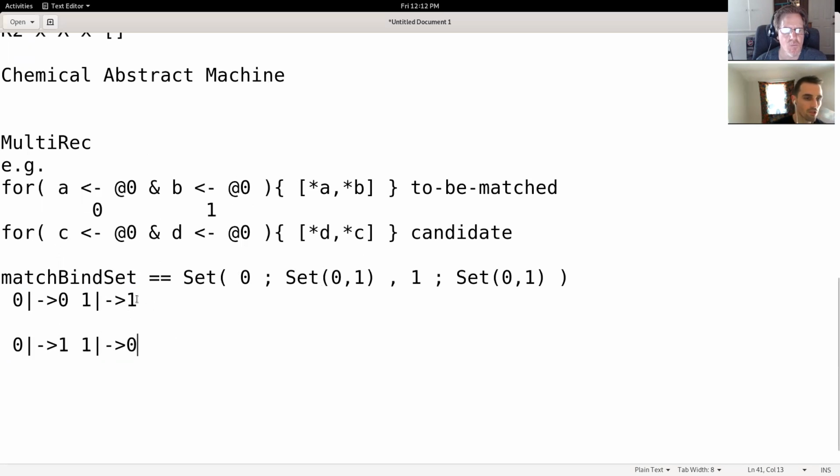And then what we can do is, using these maps, rearrange these binding patterns, and then figure out if any one of these potential rearrangements will correspond to a match for these 2 processes.